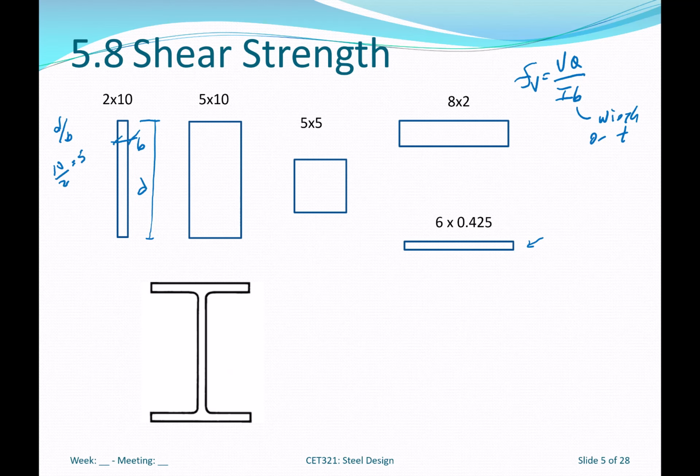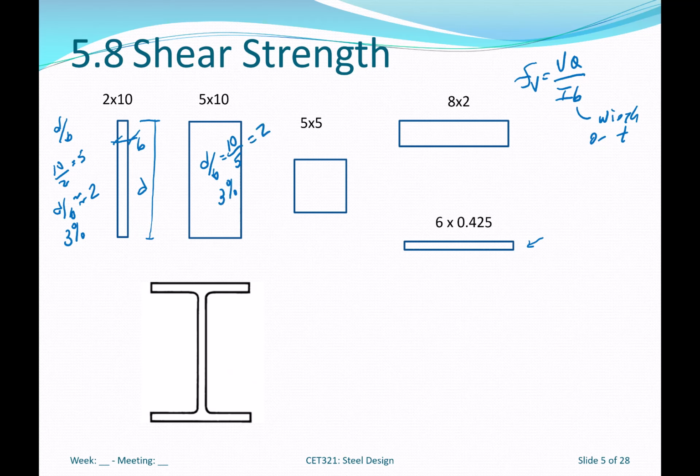Research showed in the 60s that with a D over B of 2, there was a 3% error in the shear stress. If we go again D over B here, which is 10 over 5, there's our 2.